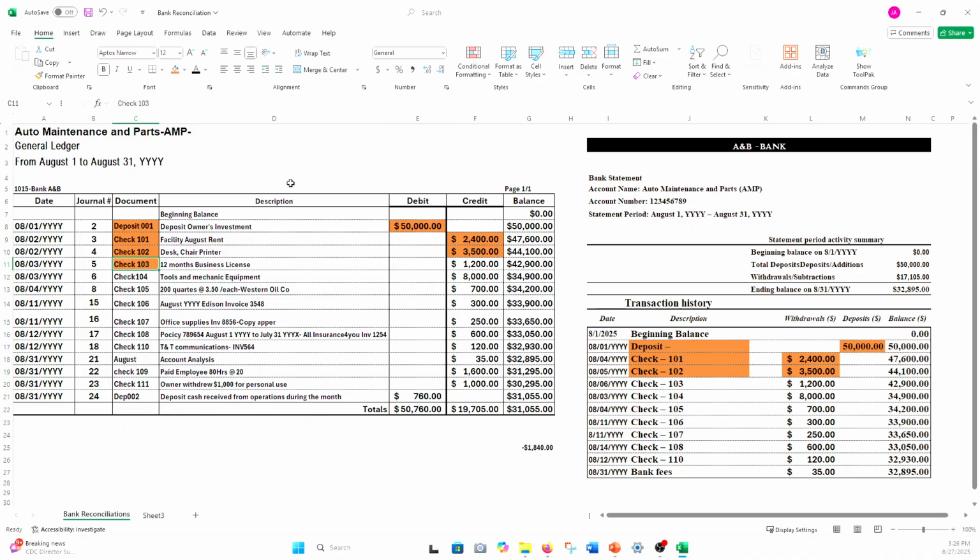103, 1200. 103, 1200. Okay, so 104, here we have 104 for 8000, and we have 8000 here too. 105, 700. 105, here 700.